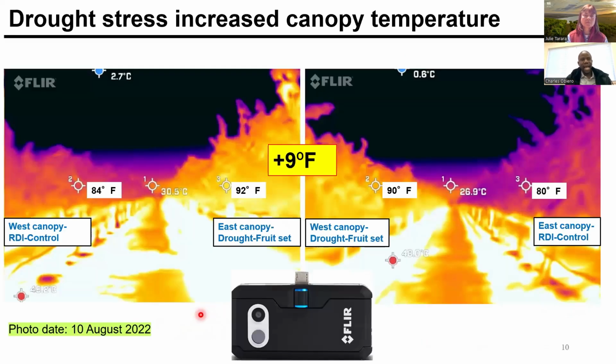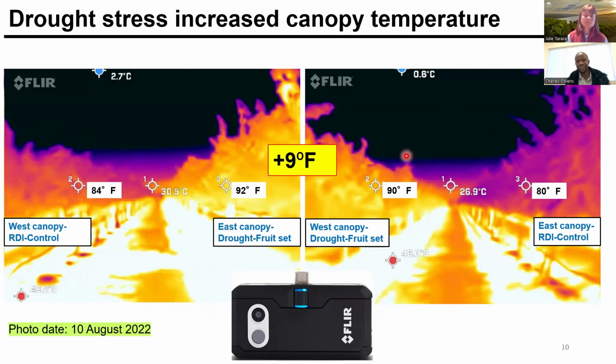Then I was just curious and asked myself, how are these vines really feeling in terms of the canopy temperature? So I took the canopy temperature of our industry standard rows here, which are RDI control, and the vines that were experiencing drought from fruit set.